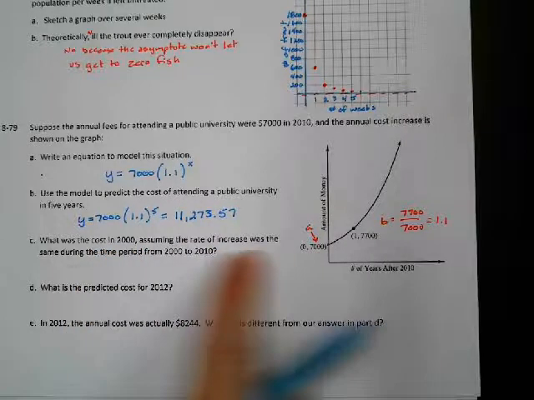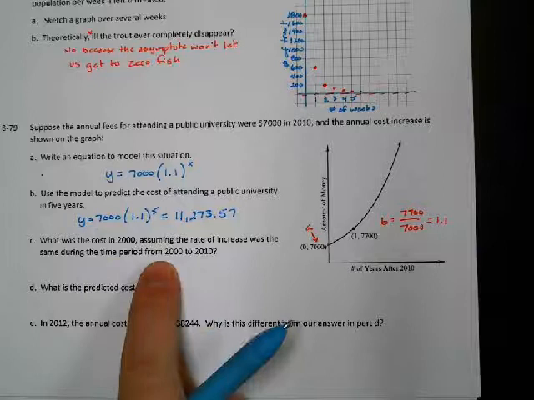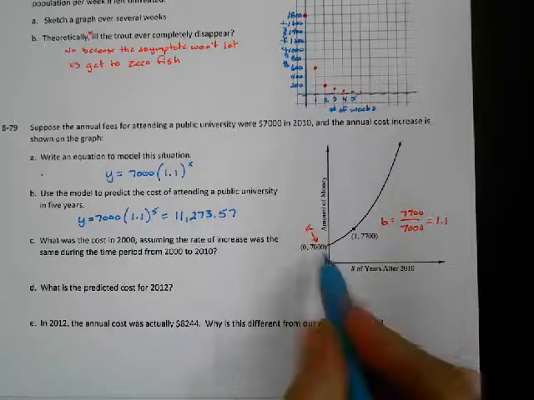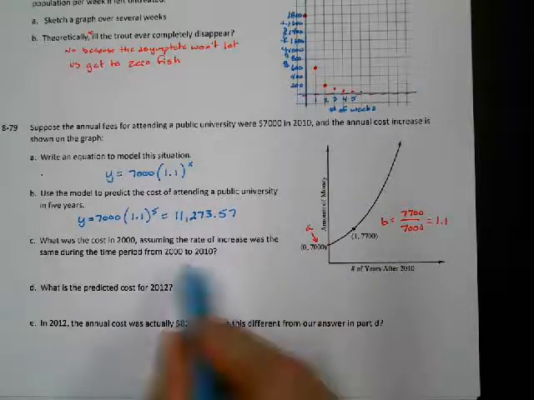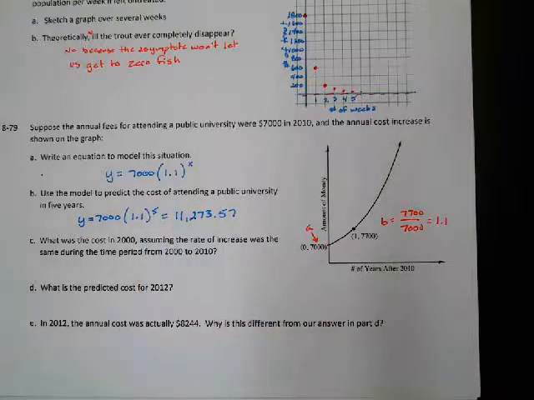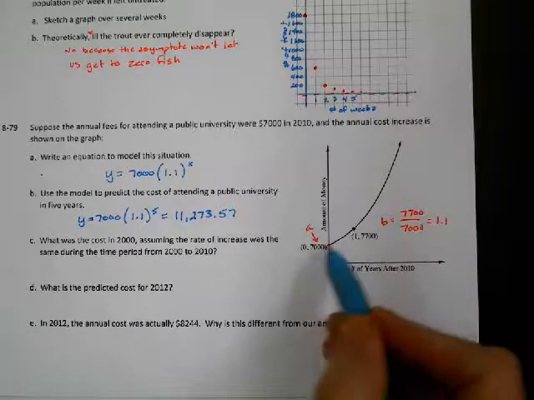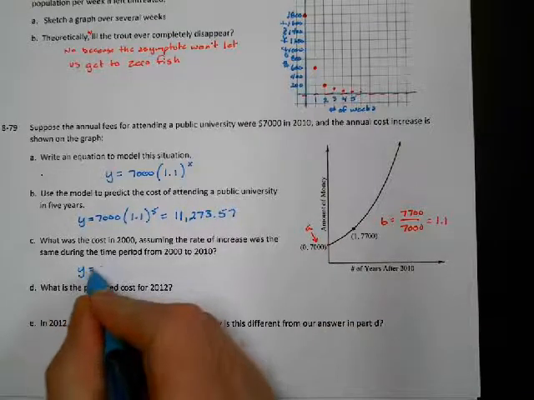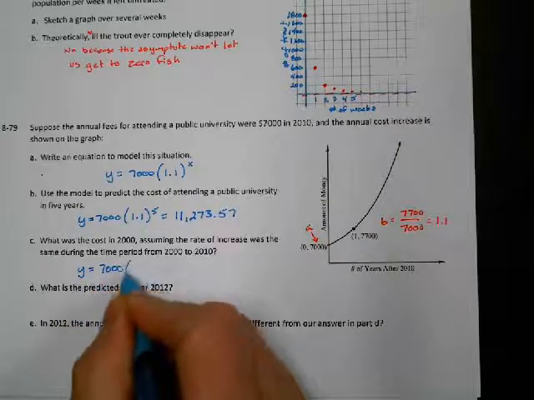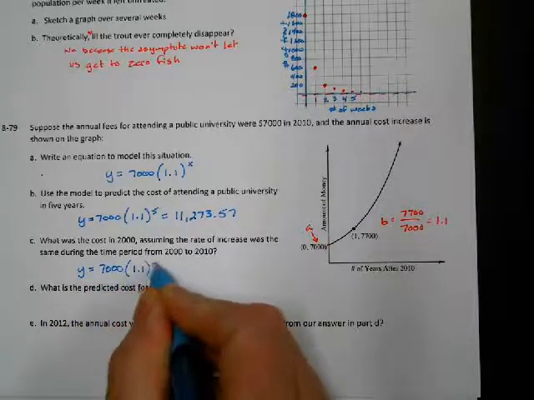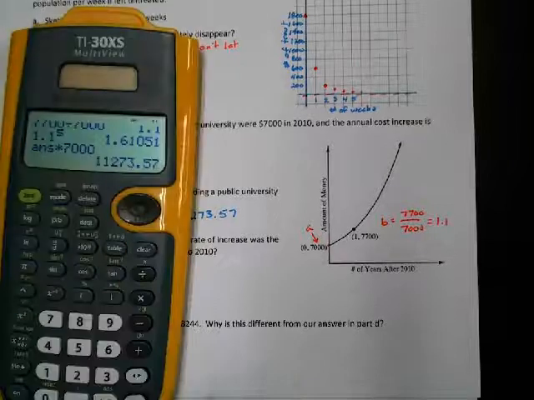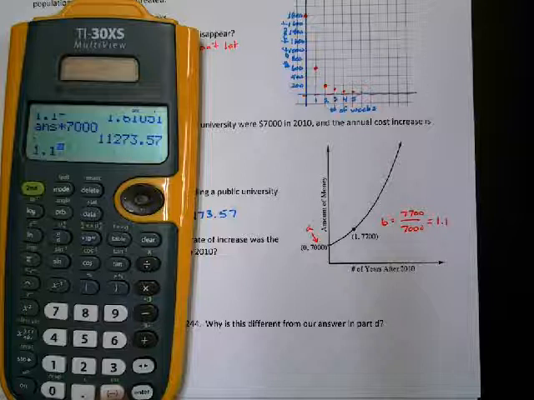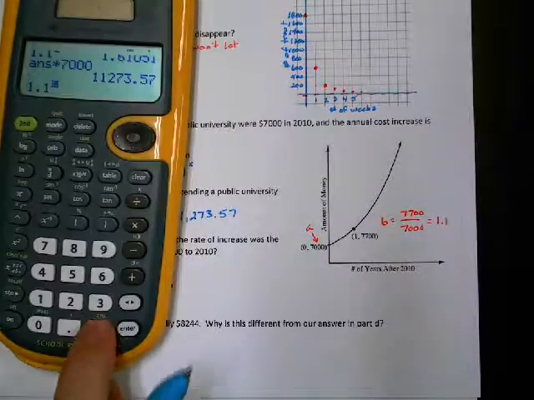Next question. What is the cost in the year 2000, assuming the rate of increase was the same during the time period from 2000 to 2010? Well, this is 2010 right here. So 2000 would have been to the negative 10 power because we are going backwards in time. So we're going to go where it's going to get smaller here. So we're going to do y equals 7,000 times 1.1 to the negative 10 power. So we're going to do 1.1 to the negative, hit the negative button down here, negative 10 power.